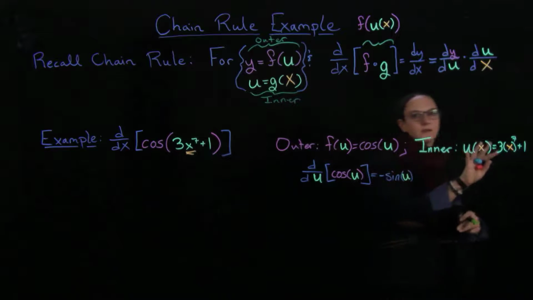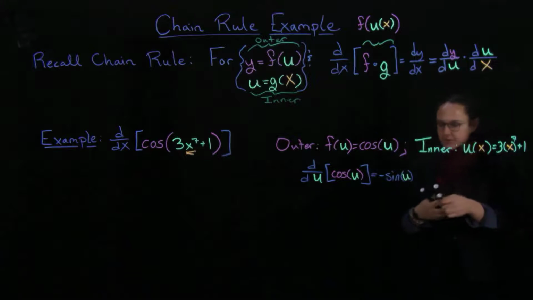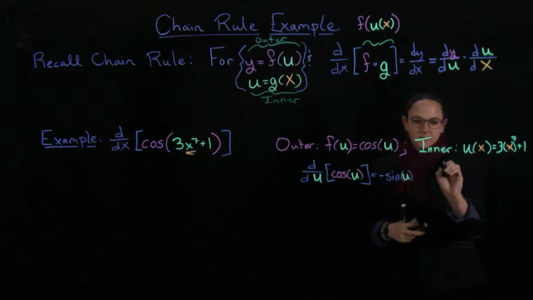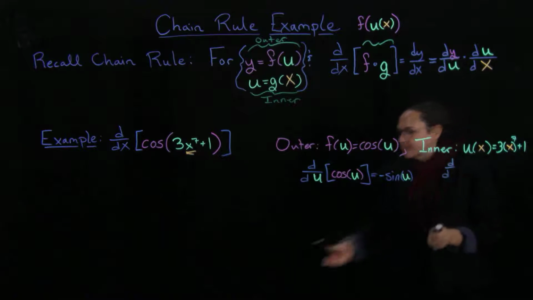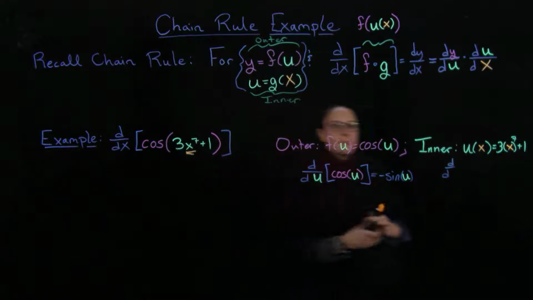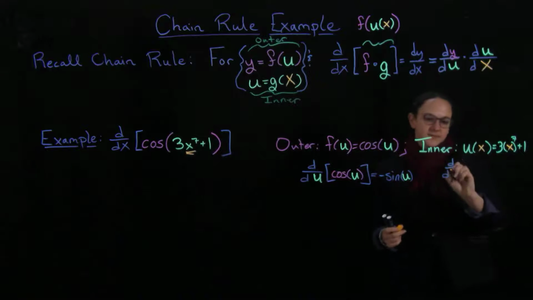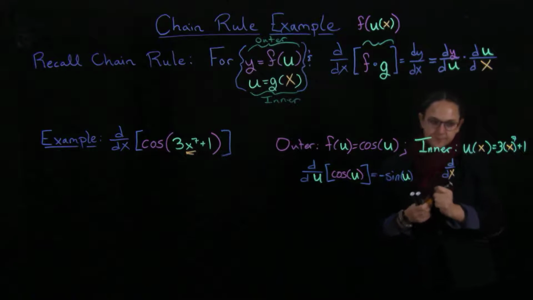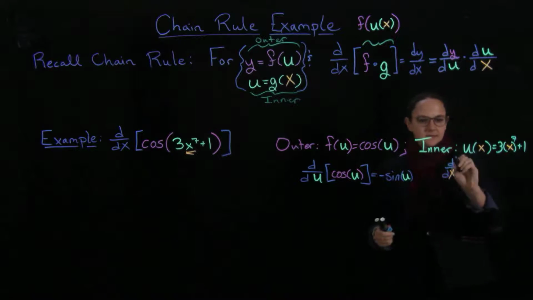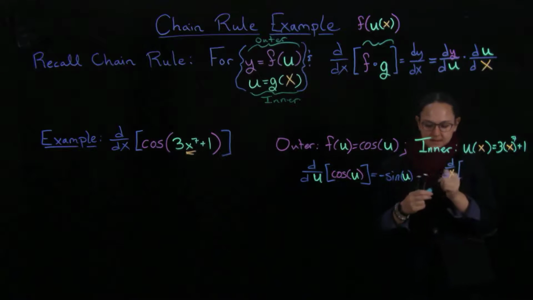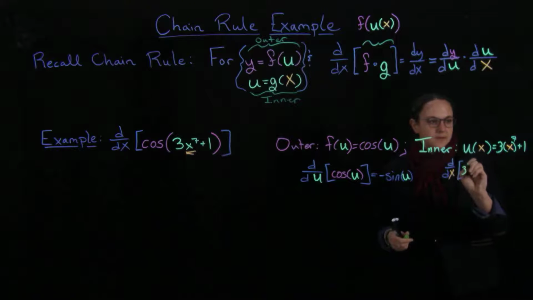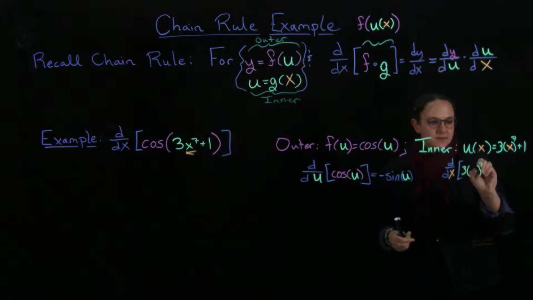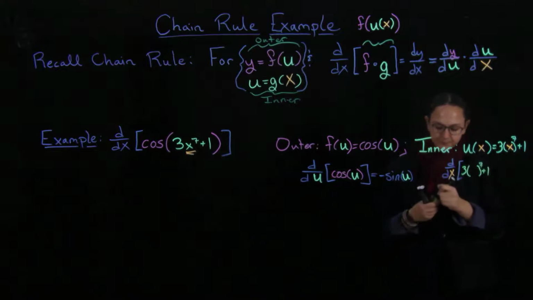Over here, how do I take the derivative of this function? I take the derivative with respect to x, so I need an orange instead. So the derivative with respect to x of 3 times x to the 7th plus 1.